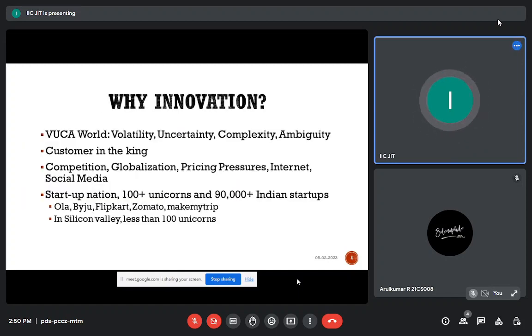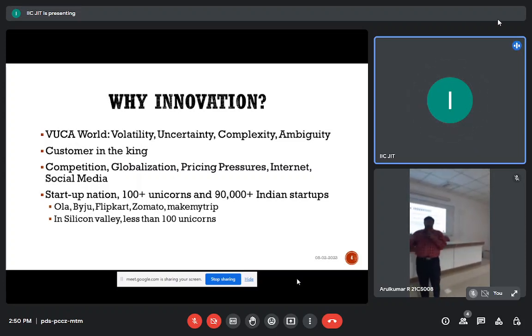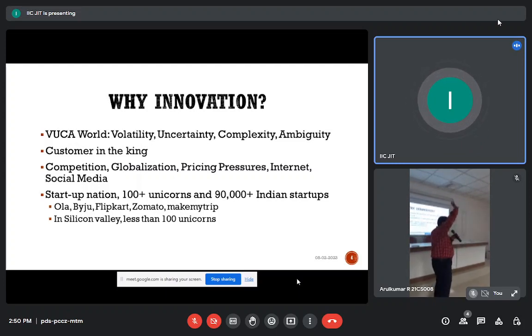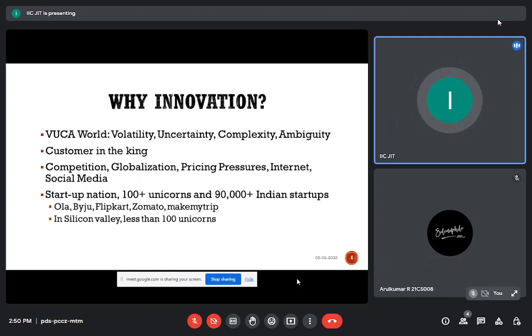India is today a startup nation. 90,000 startups. It's a proud moment for the country. Third largest innovation startup system in the whole ecosystem in the world. 90,000 startups. And let me tell you, who are running these startups? People who are probably 3 or 4 or 5 or 6 or 7 years elder to you. People in your generation, maybe 4 or 5 years elder to you.